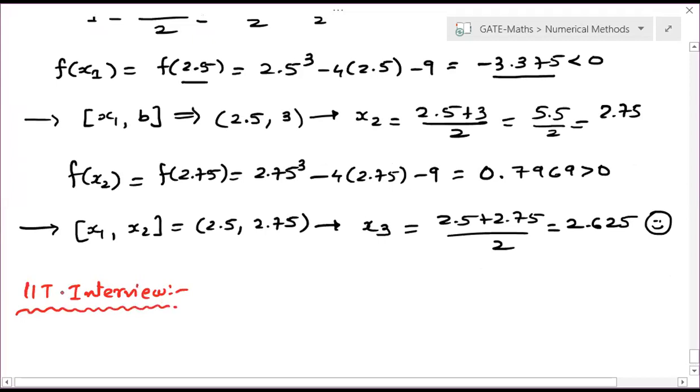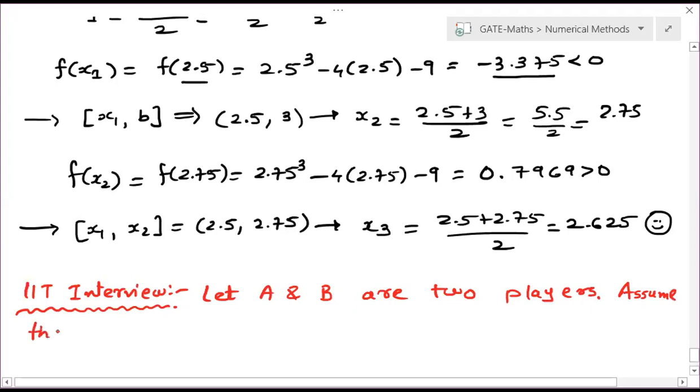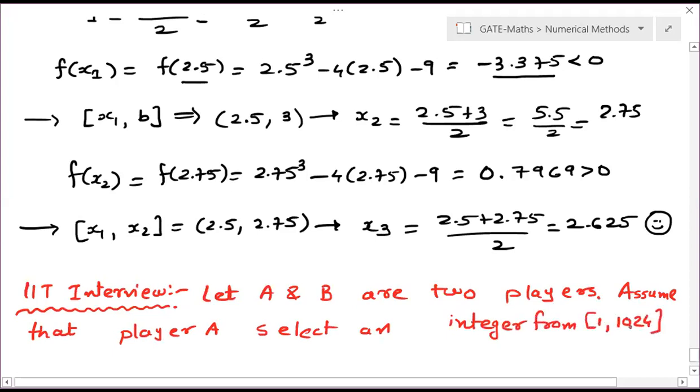Let A and B be two players. Assume that player A selects an integer from 1 to 1024. Okay.